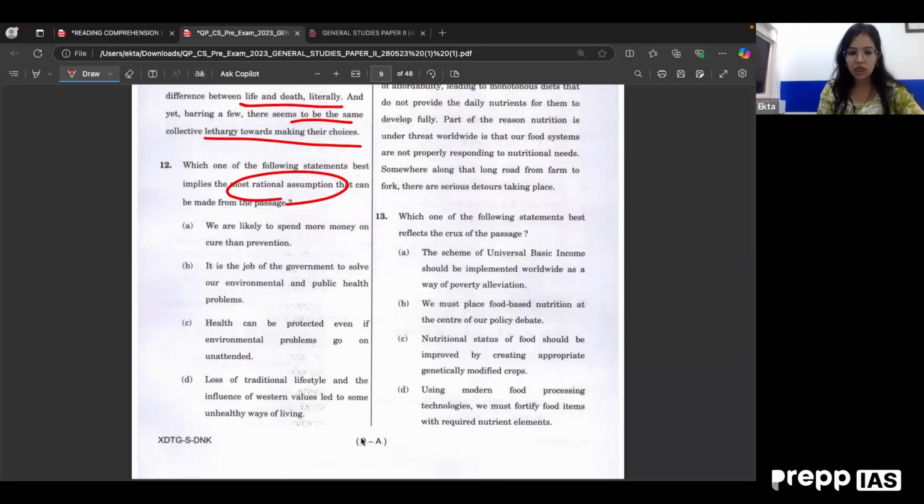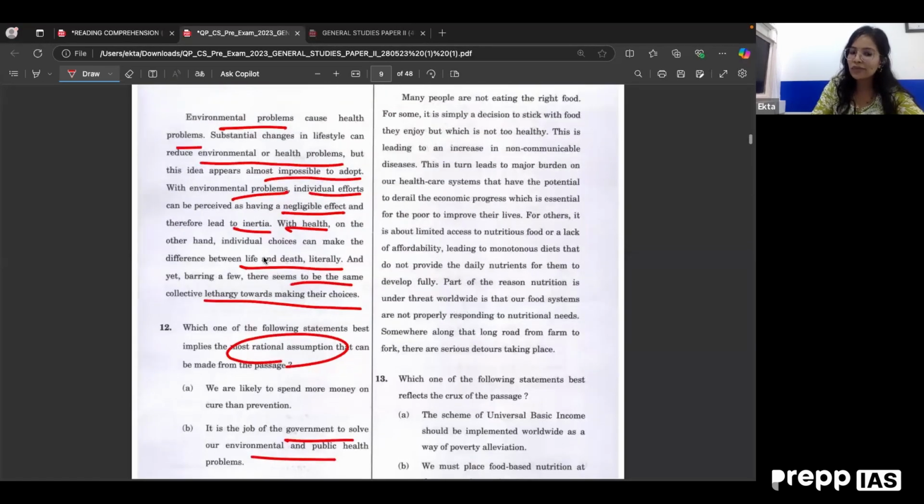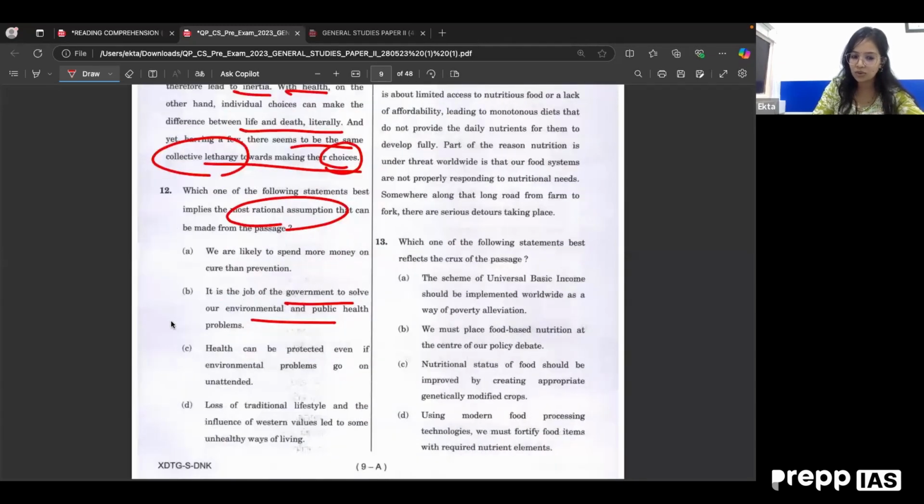Correctly pointed out. A is the answer. Right? Okay. It's the job of the government to solve our environmental and public health problems. Right? Are they really saying it anywhere? क्या ये assumption है? अगर ये author का assumption होता तो why would he have talked about lifestyle changes? Why would have talked about lethargy, collective lethargy towards making choices? Choices की बात क्यों करते अगर वो government का काम होता तो? Right? This is not the assumption.